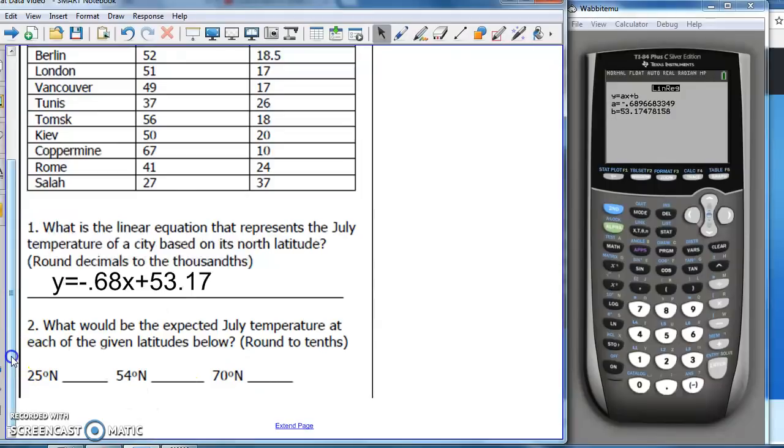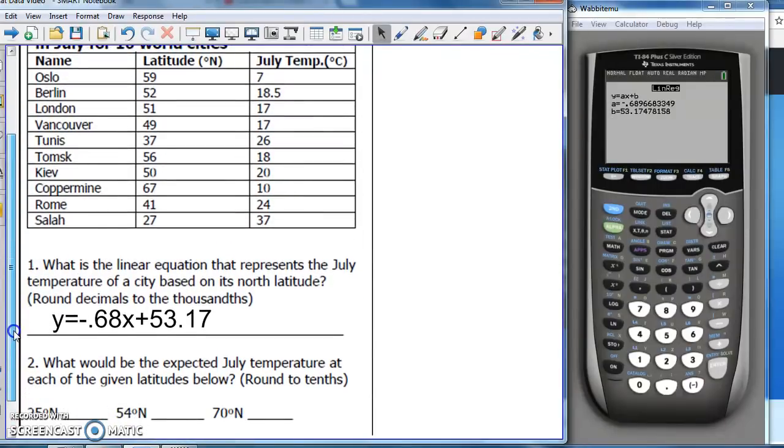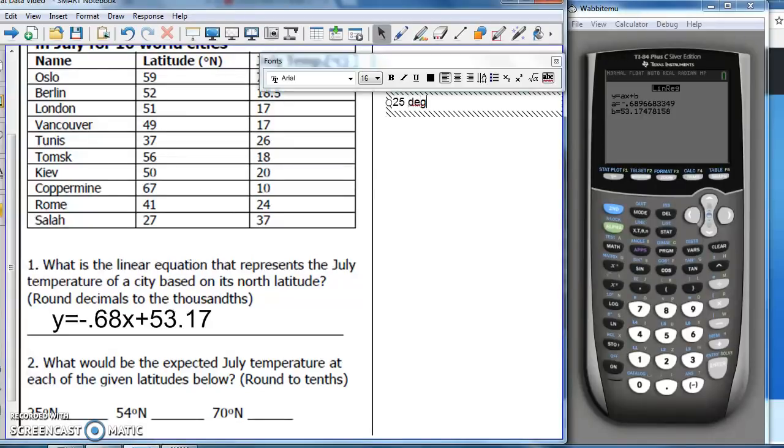Well, what it means is, since this equation of a line gives us an estimate of what the July temperatures are supposed to be. So for example, when it's asking us for 25 degrees north latitude, it's actually telling me x equals 25.